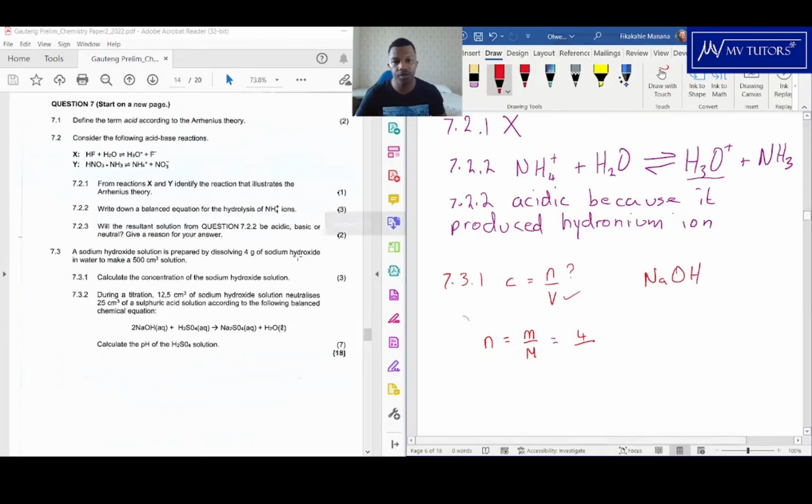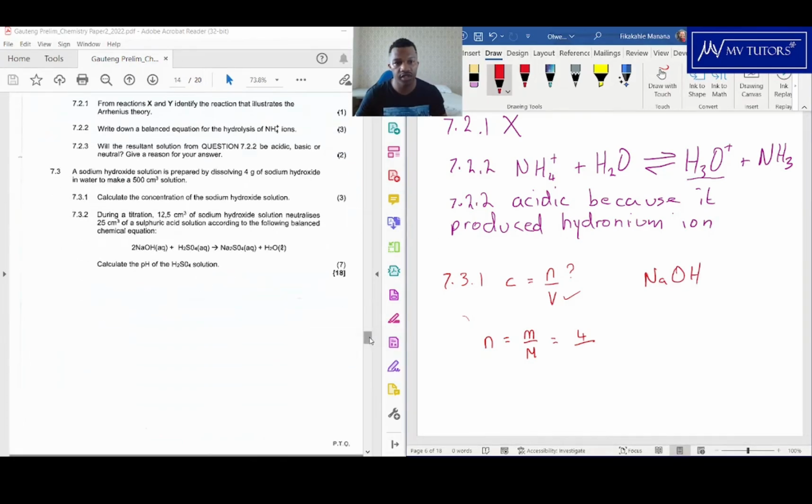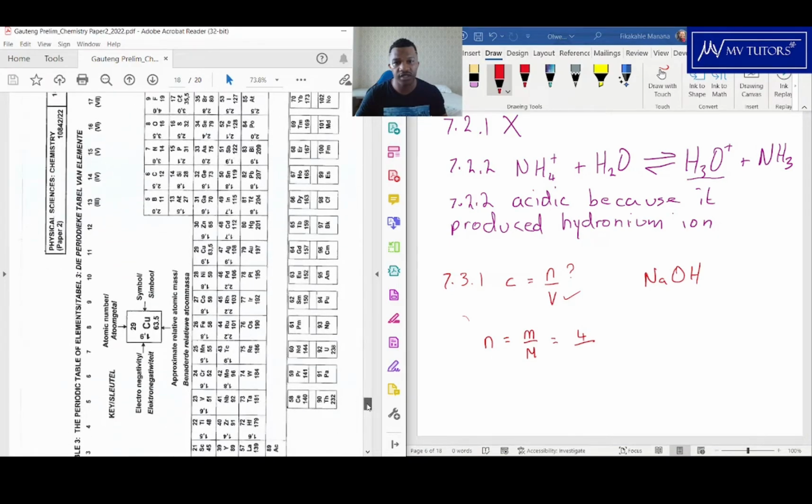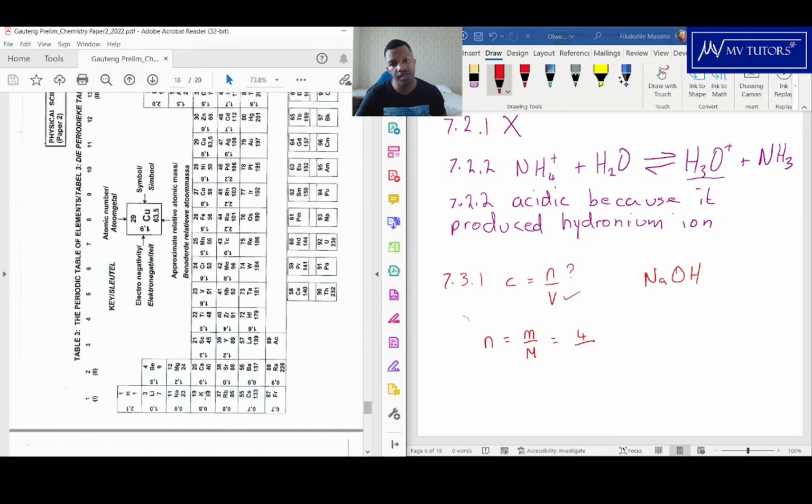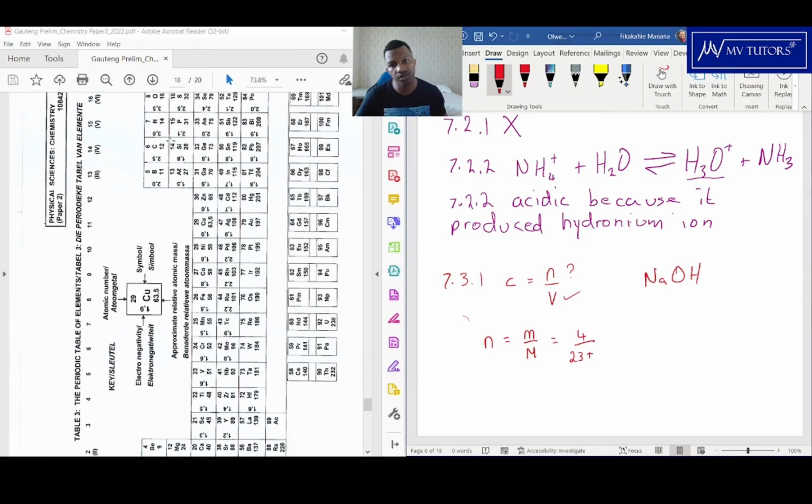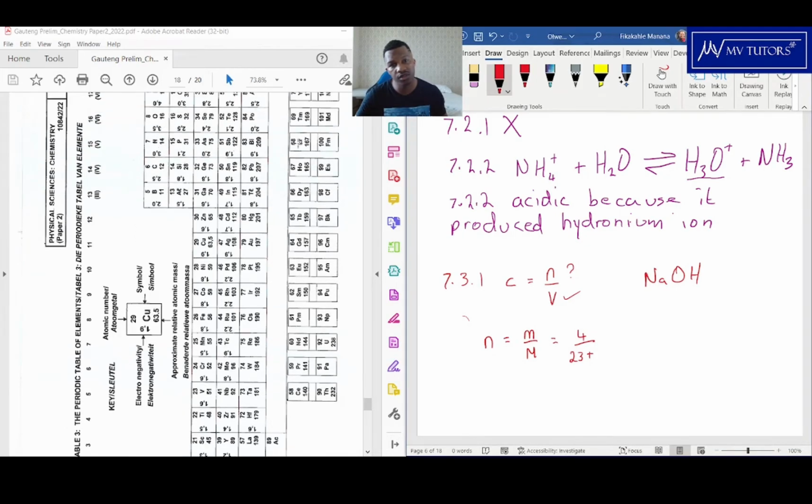Now if we go scrolling down to this periodic table, what is Na? Na is 23, the molar mass. It's 23 plus oxygen. Oxygen is 16. Plus H, which is 1.